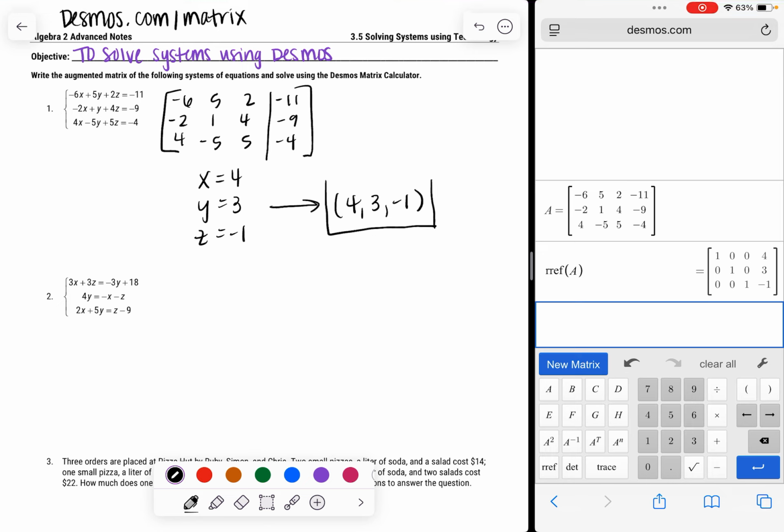So reduced row echelon form is just a further step of Gaussian elimination where you don't even have to do the final steps of solving for X, Y, and Z using the equations. You get it all from Gaussian. Now, your calculator is doing this for you, so it's saving you a little bit of the hard math of getting there.